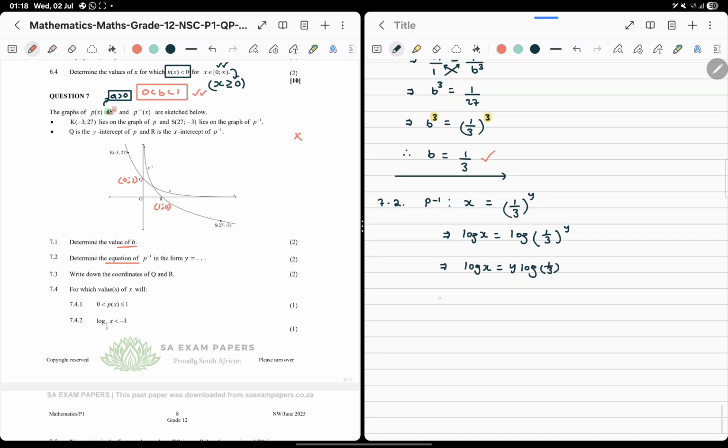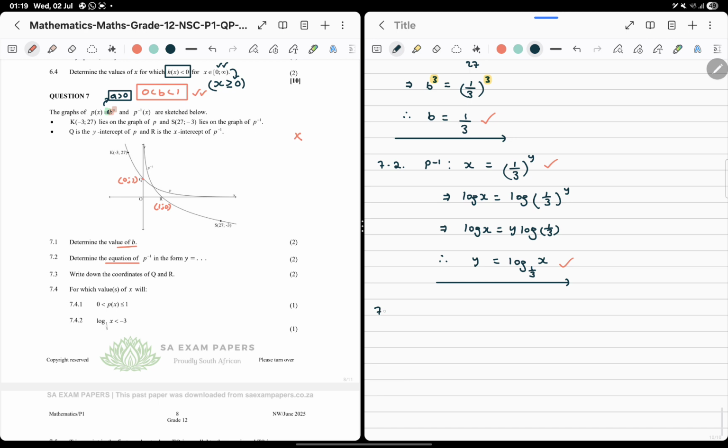Now we divide by this, and we can isolate y. y is going to be basically the log of the number on the numerator with the base like that. Of course, guys, you can jump to the final answer. You get 2 marks for the answer only. But if you show the calculation, it is as good as this. 7.3.